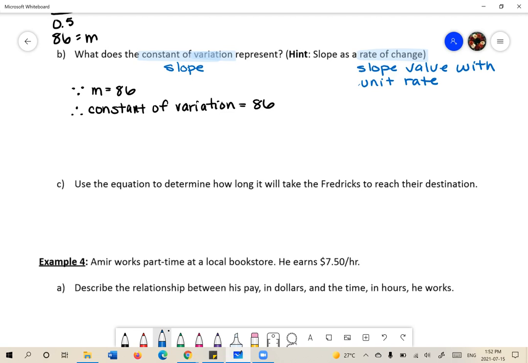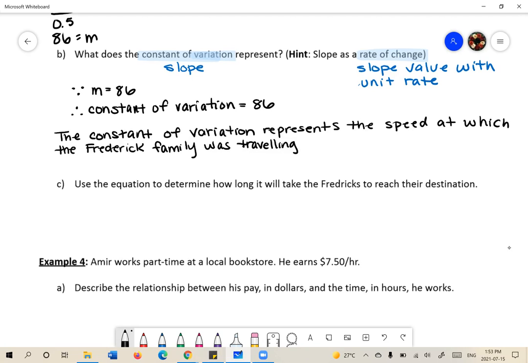So in this example, with the Frederick family traveling, the constant of variation, 86, is the speed that the family was traveling in. So the constant of variation, your slope, is equal to 86, and now we're going to convert it into a unit rate by adding units. Therefore, the constant of variation is 86 kilometers per hour.